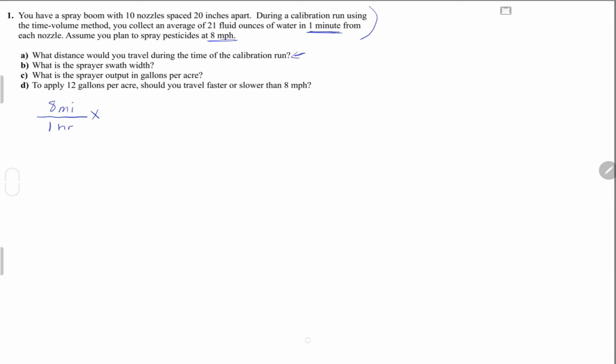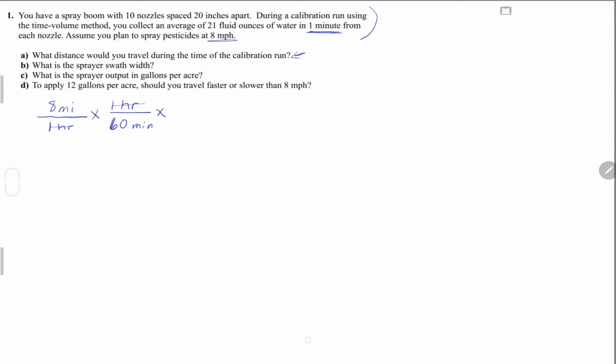One of the nice things about doing 1 minute is we can actually calculate that directly by converting 1 hour is 60 minutes. So that then will convert our miles per hour into miles per minute, because our hours will cancel out.